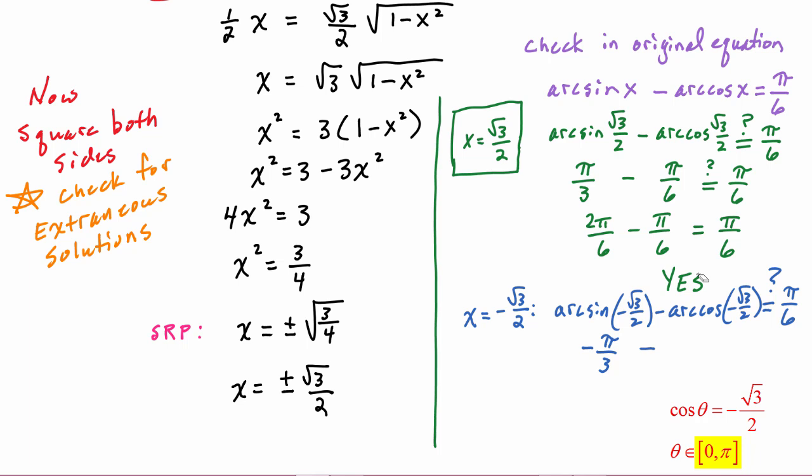Well, the only angle between 0 and pi where the cosine of theta would be negative root 3 over 2 is 5 pi over 6.